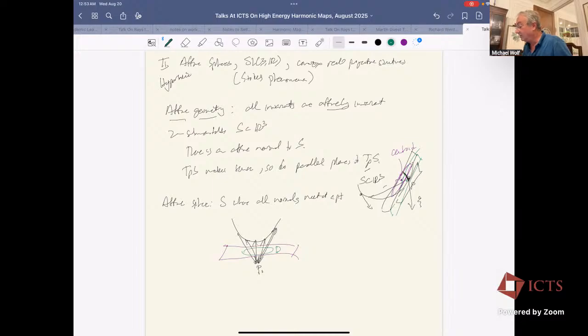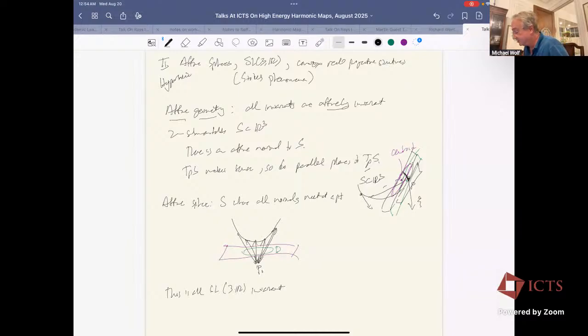This is all SL3R invariant, using the non-translational part of the affine group on R3.